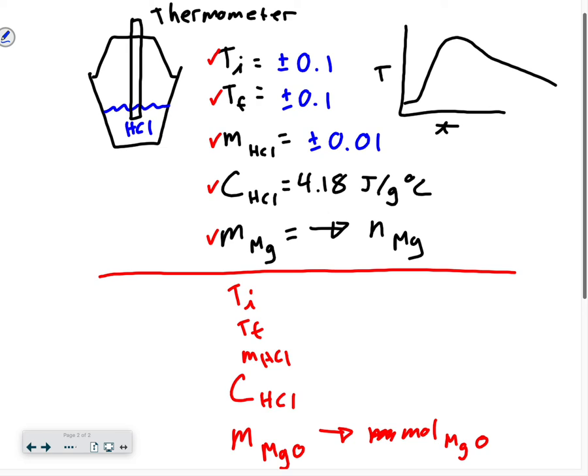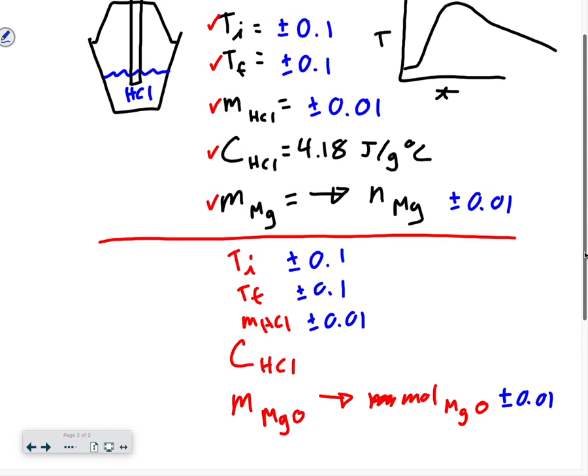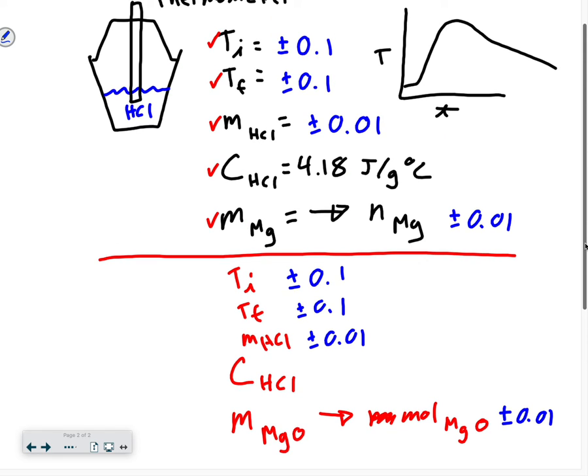So let's use the 0.01 balance. Make sure we can keep track of our error here, plus or minus 0.1, and the mass plus or minus 0.01. Okay, so be ready for error propagation, be ready for data collection.